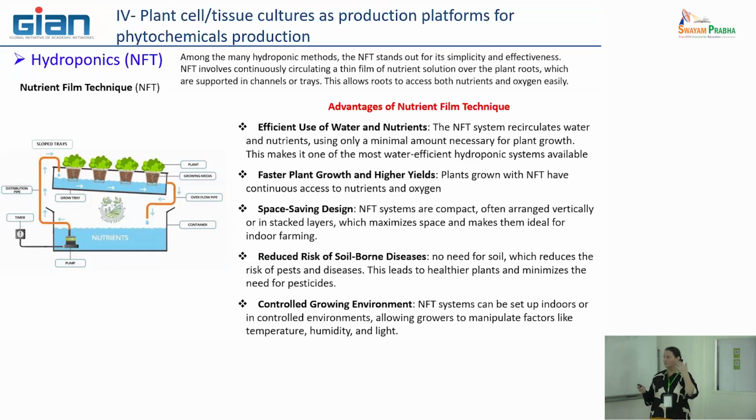So you can completely reduce pesticide and others. And it is also the case, as I said, that you can control completely the growing environment. That means you adjust exactly the time, intensity of the light, the temperature and hygrometry needed for each plant to optimize the growth in these systems.